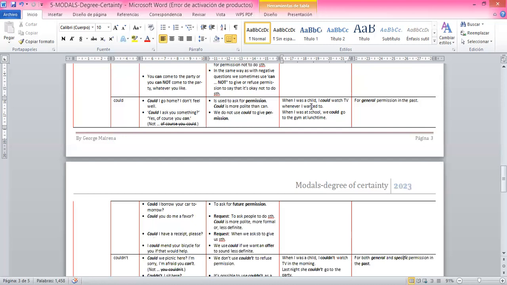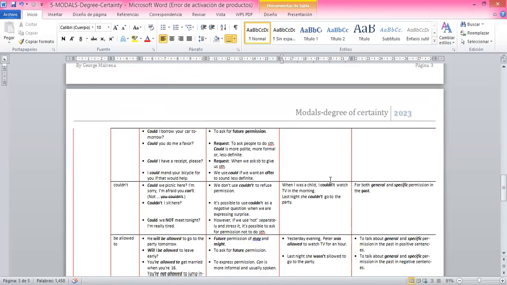So what is the difference? We cannot use "could" in the answer. It's "can" because it's something that you want to do or not, right? So in that case, as you can see in the explanation, "could" is more polite than "can". It was the same thing that I was telling you, okay?